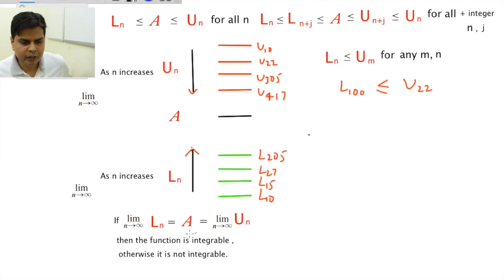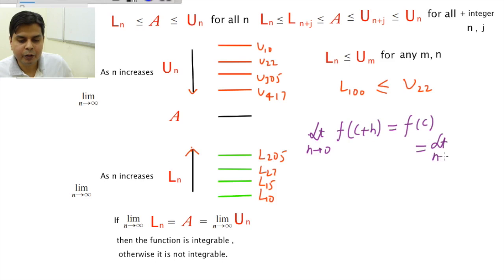Some of you might recall that this definition of integrable functions is quite similar to the definition of a continuous function. How do you define a continuous function? A function is said to be continuous at x equal to c if the limit as h tends to 0 of f(c plus h) is equal to f(c), which is equal to the limit as h tends to 0 of f(c minus h).